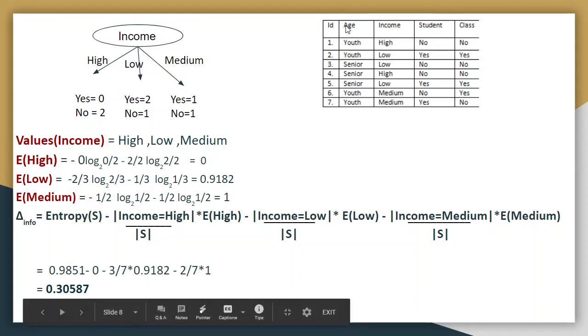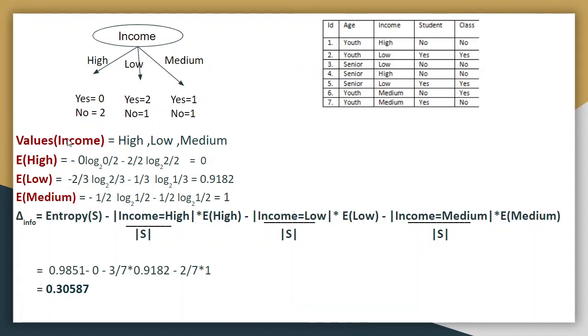We will follow the same procedure for the income attribute also. As in the data set, this snapshot shows that income can have 3 values: high, low and medium. This contingency table can be created in the same way as I told you earlier. I have calculated the entropy for high, low and medium.